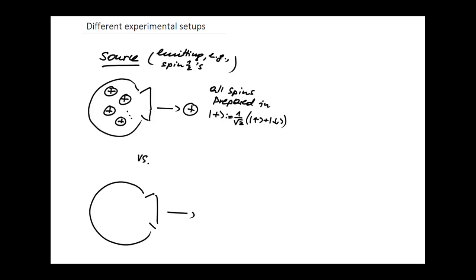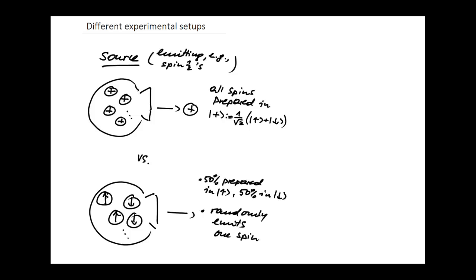And I would like to contrast that with the situation where in my source I have a collection of spins, and half of these spins are prepared in the spin-up state, and half of the spins are prepared in the spin-down state. So in my source I have spin-ups, and I have spin-downs, and I know that 50% of my spins are prepared in spin-up, and 50% in spin down.